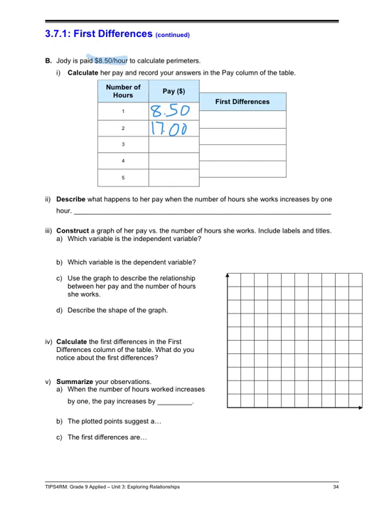We will continue along. So if we work 3 hours, we will make another $8.50, giving us a total of $25.50. For 4 hours, we would make $34. And for 5 hours, we would make $42.50.